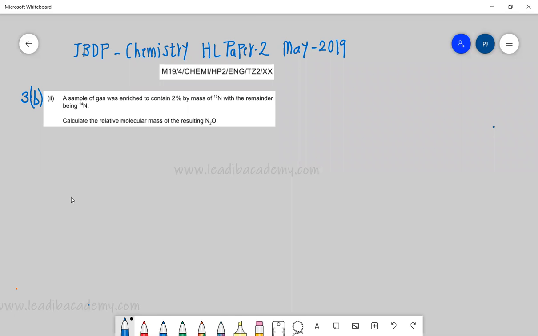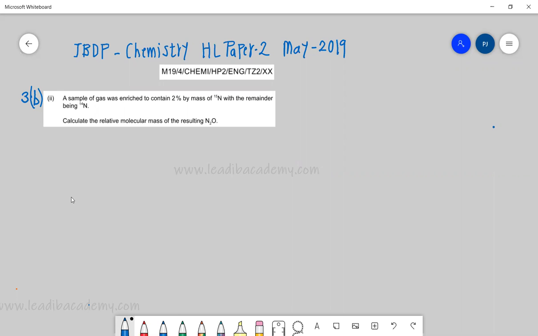Okay, 3B2. A sample of gas was enriched to contain 2% by mass of N15 with the remainder being N14. Calculate the relative molecular mass of resulting N2O. Simple. So what should we do now?